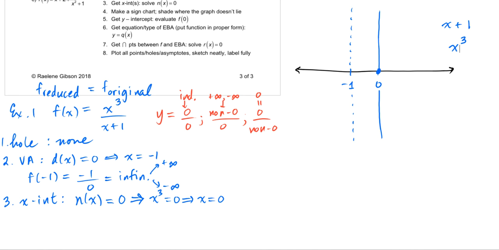Now we could fill in the sign chart as a table, and we can fill that table in numerically by taking from region 1, region 2, and region 3 a test x-coordinate. So we could choose x equal to -2, x equal to -1.5, and x equal to 0.8, for example, if we wanted.